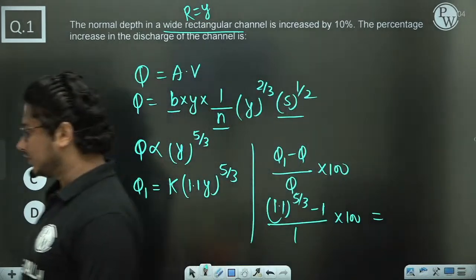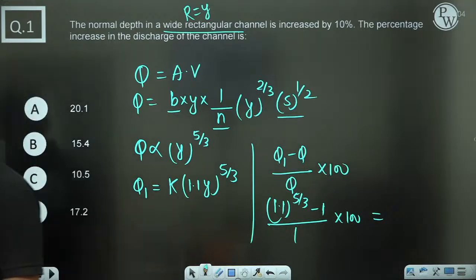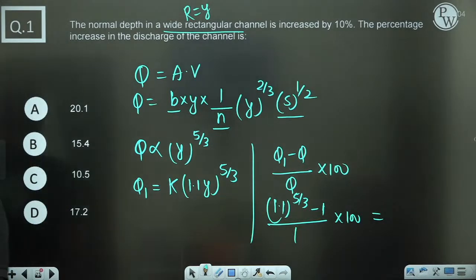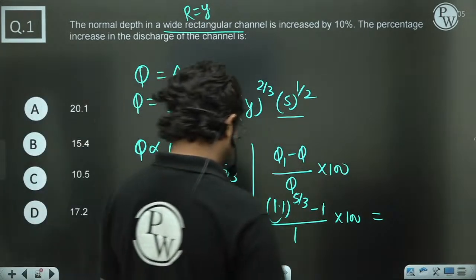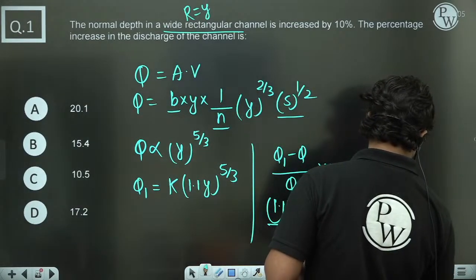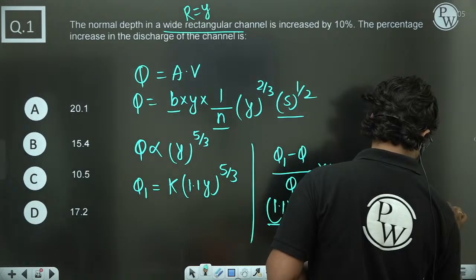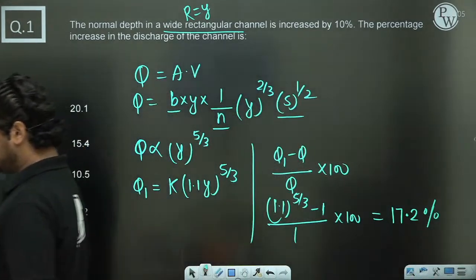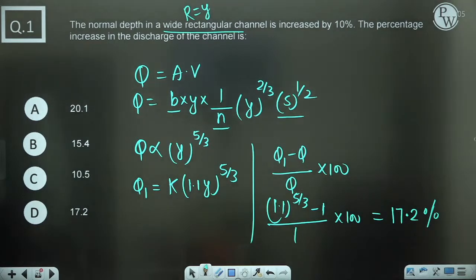If you calculate roughly how much we are getting, where is the calculator, so 1.1, we are getting 17.2 something.